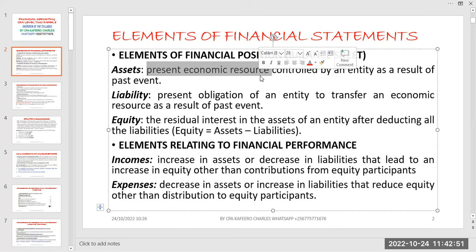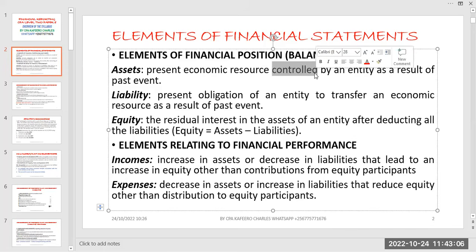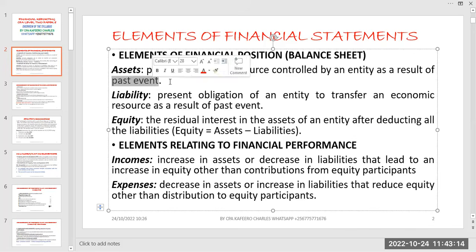One, you have to look at the present economic resource. Secondly, they are supposed to be controlled by an entity. And thirdly, they must be as a result of past event, or we must have acquired them in the previous periods.